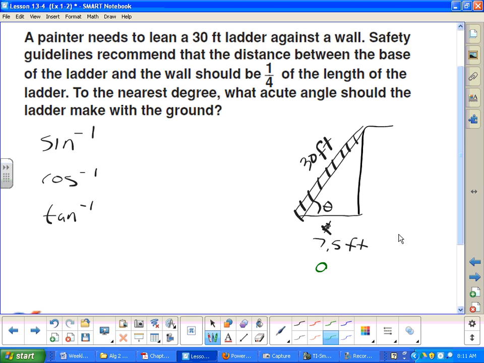That's the adjacent side. And the 30-foot ladder is what? The hypotenuse. So which one of the three trig functions uses adjacent and hypotenuse? Cosine.